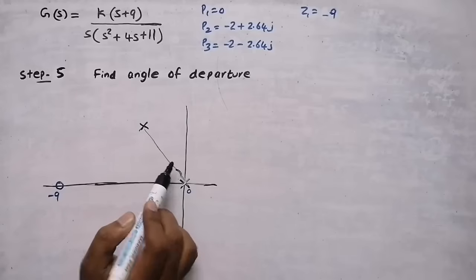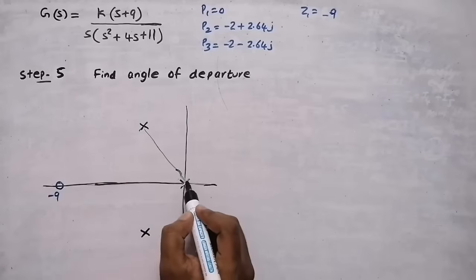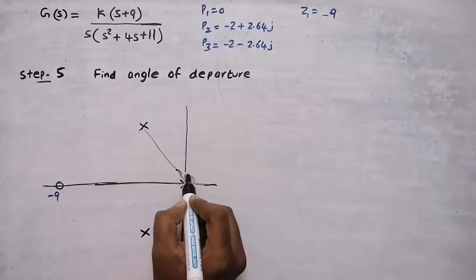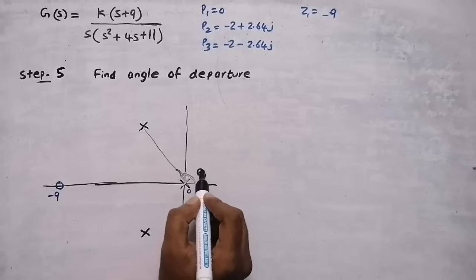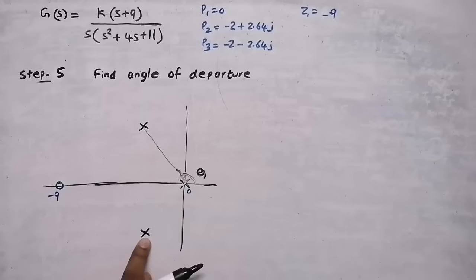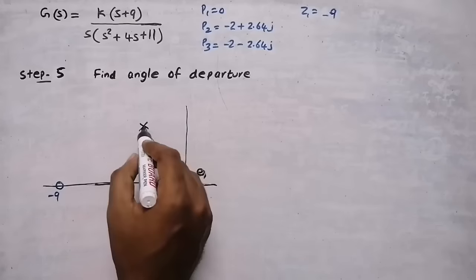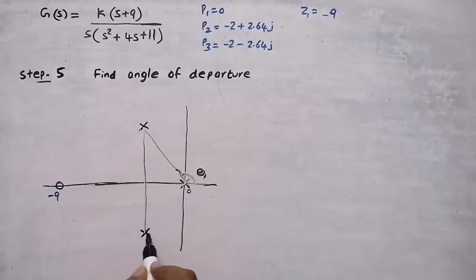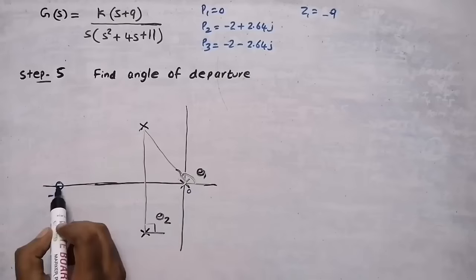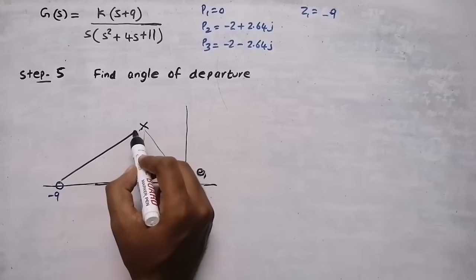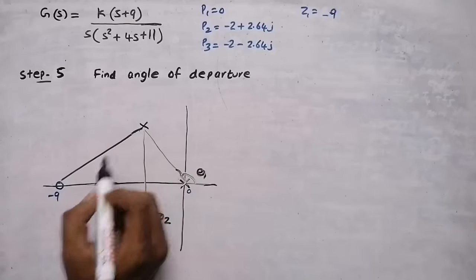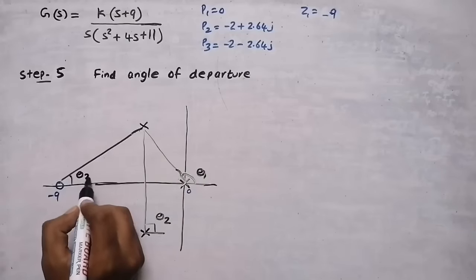The angle this pole makes with the complex pole, I'm going to name it theta 1. Now this pole makes an angle with this pole. If I keep a protractor here, the angle is going to be 90 degrees. I'm going to name it theta 2. Now this zero makes an angle with this pole. That angle is going to be theta 3.